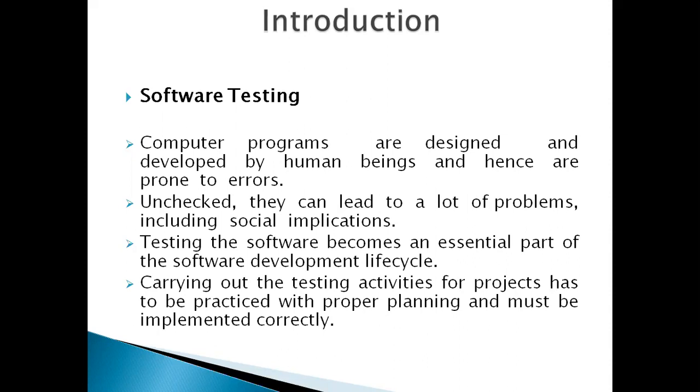Carrying out the testing activity for a project has to be practiced with proper planning and must be implemented correctly. There are certain rules and formats we need to follow. You cannot just go and test any application without any requirement or proper planning. Many companies, as you might have heard, are CMMI level 1, 2, 3.